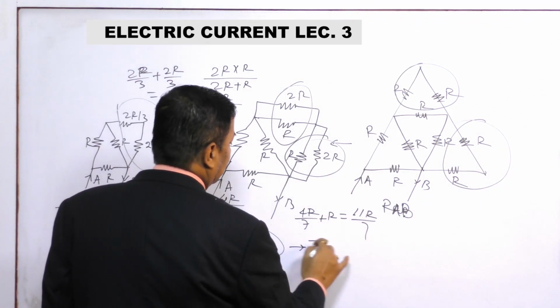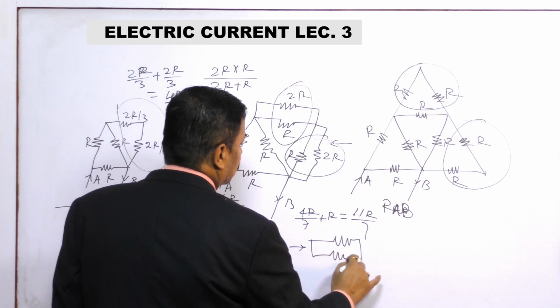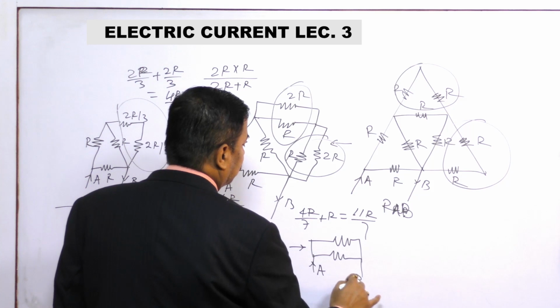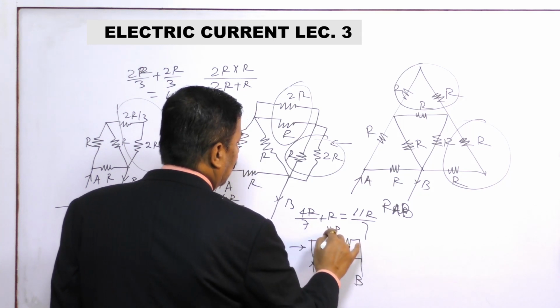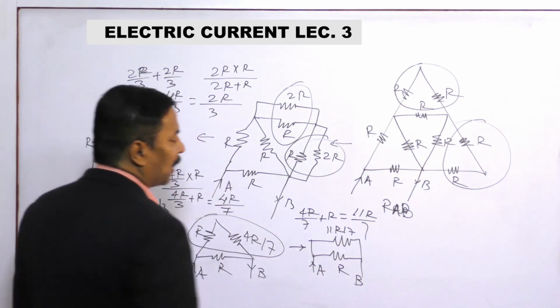So you are getting 11R by 7 and this is R, and these are in parallel.